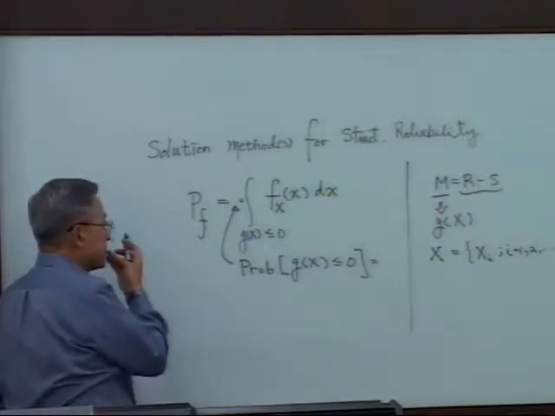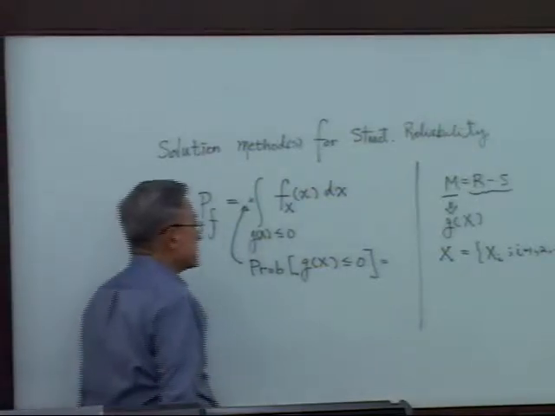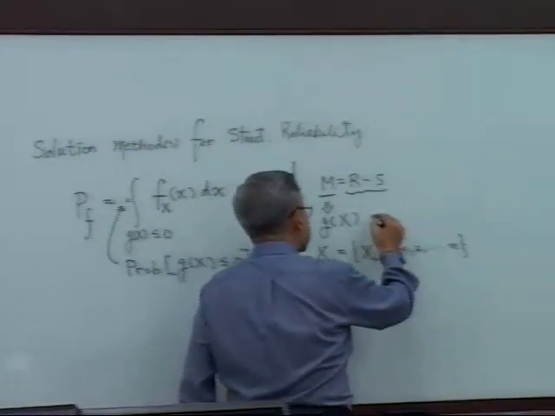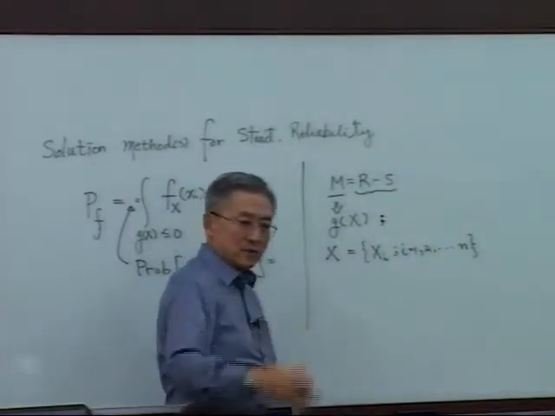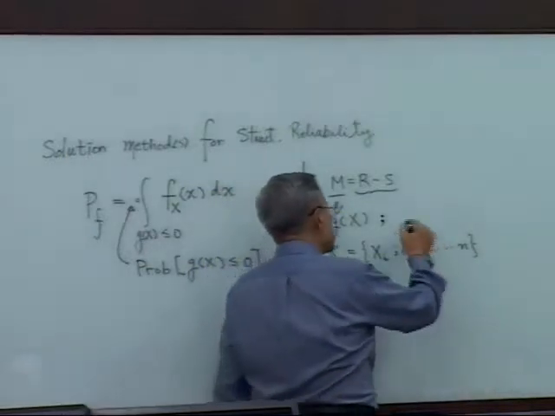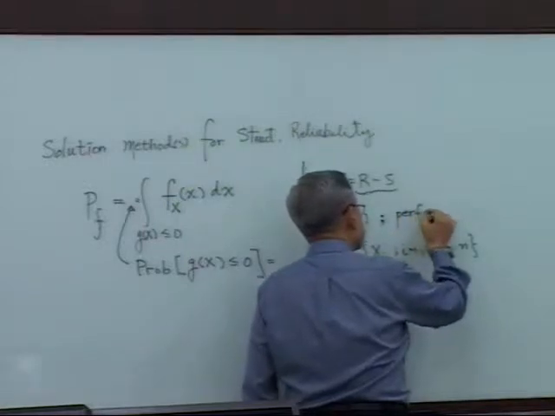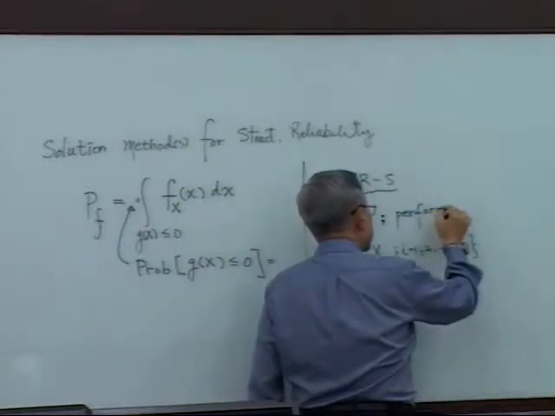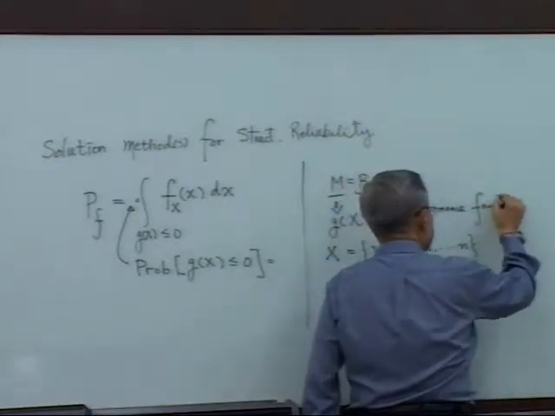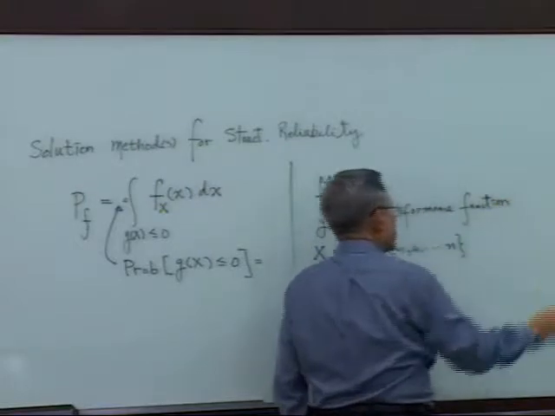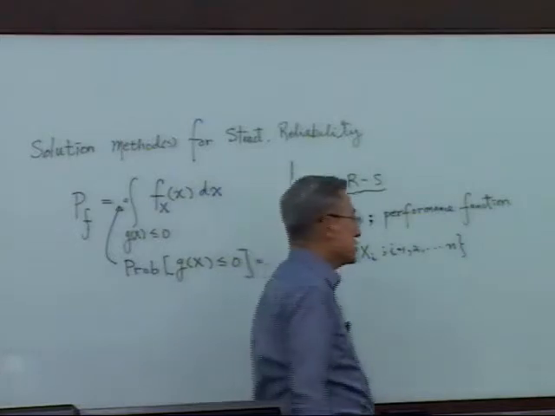And here, the G(x) has a particular name. I already talked about it a few times. This is called the performance function. The people using it have a couple of different names, or limit state.